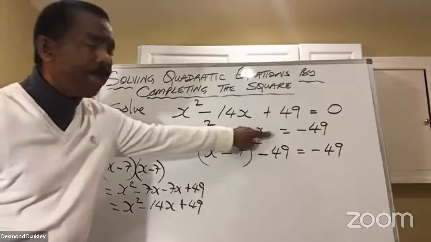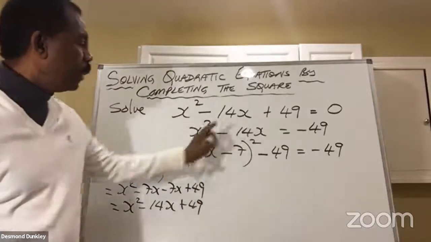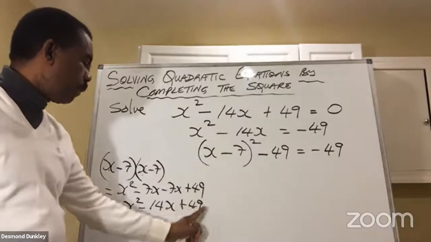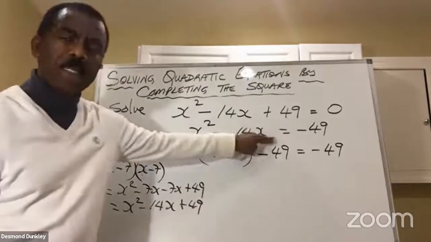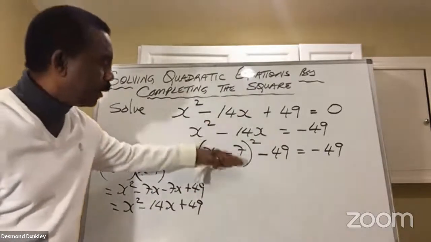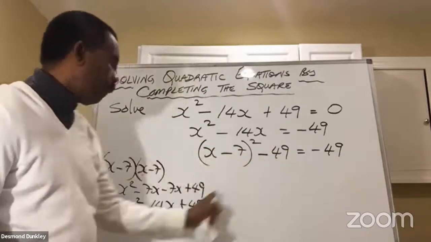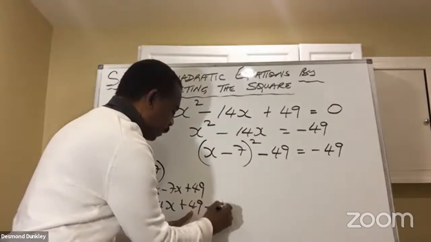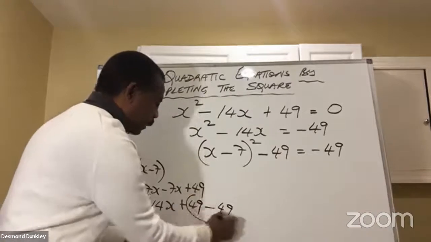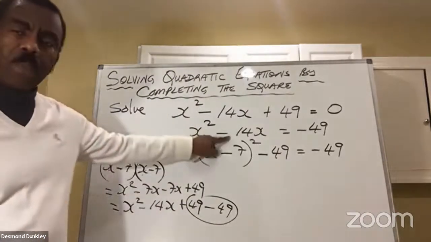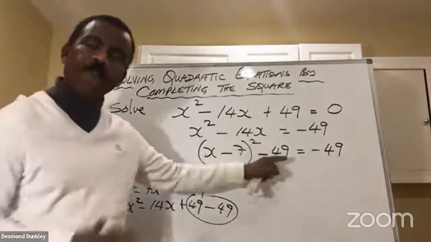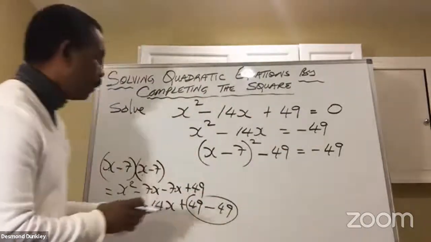But what you had above it was a binomial. There is no third term. So in order to make the left side equal to the left side, you have to minus the 49 to cancel this. When you minus the 49, this becomes 0. And now you have the x squared minus 14x, which is what is above. That is the reason why you have to do that adjustment. Okay?